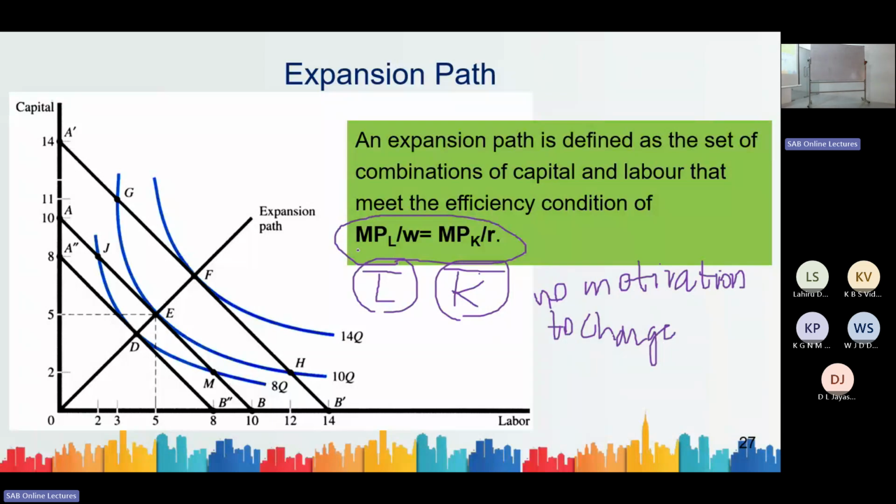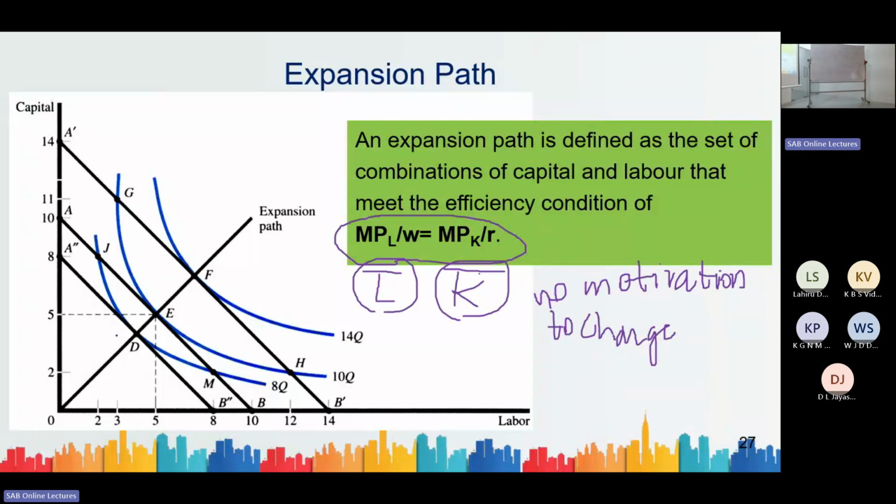When MPK over R is greater than MPL over W, the firm will tend to increase capital input while decreasing labor input. But when MPL over W is equal to MPK over R, there is no tendency for the firm to change the labor input and capital input. They will keep going with the existing level of labor and capital.